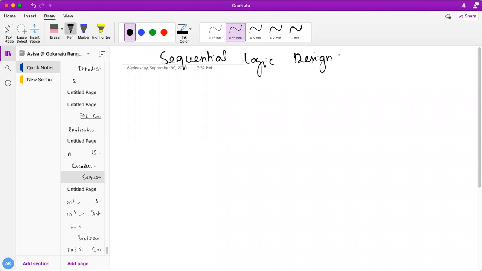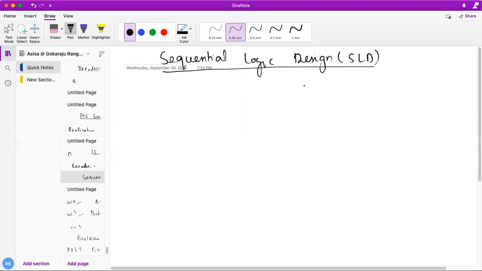Some people also call it SLD, or SLC, sequential logic circuits. So what is a sequential logic circuit and a combinational logic circuit? We have already seen the combinational logic circuit, CLC.